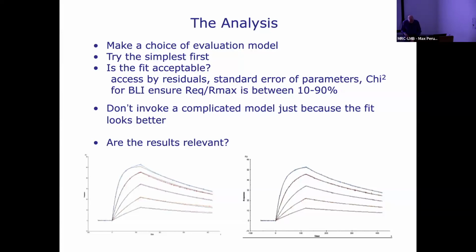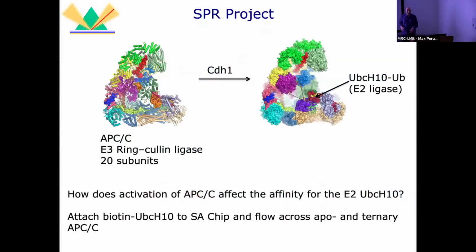Okay, so let's go on to some examples that we've done here in projects. This is in the Barford lab. They wanted to know how this APC/C was activated, because it's a big Cullin ligase, it gets activated by CDH1. How does that affect its binding to its E2 ligase?